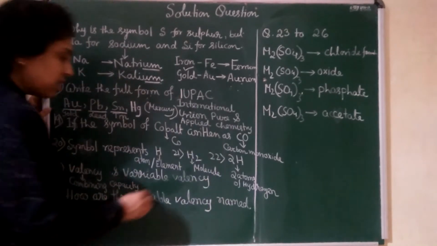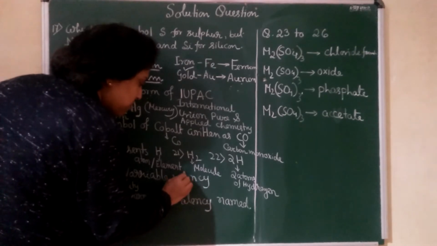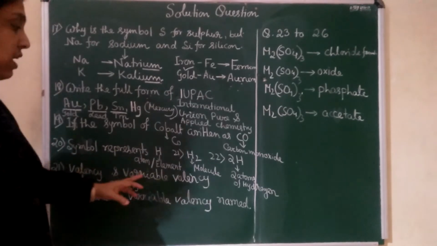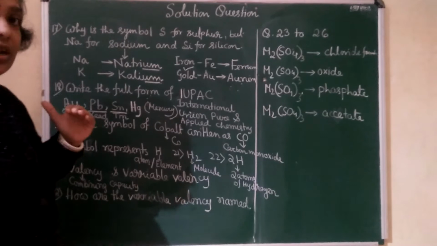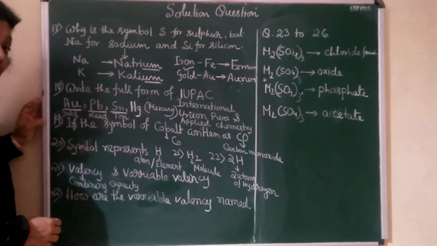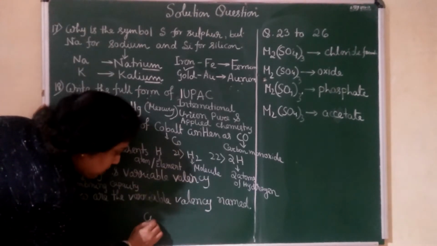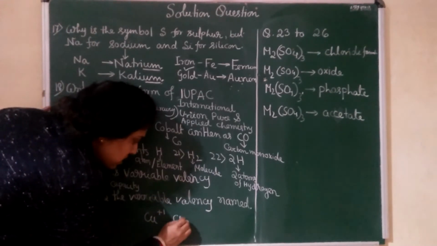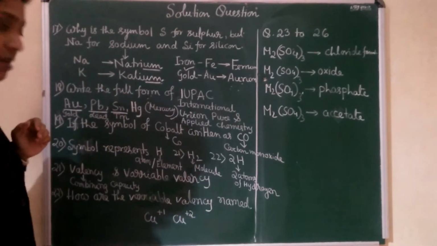So why then variable valency? Those elements show variable valency when electrons can be removed from the last shell. Suppose the variable valency of copper: it is Cu plus 1 and Cu plus 2. What does it mean?